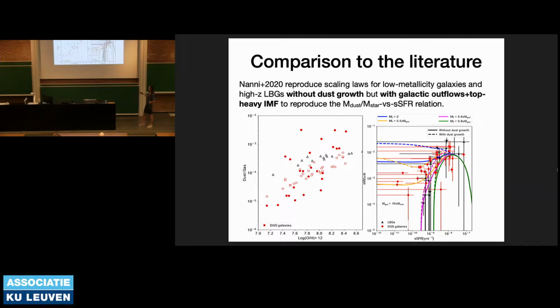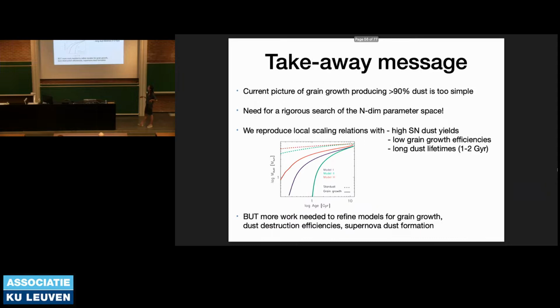But I should mention that in this study, they didn't do a rigorous search of parameter space, and it was more, let's say, fitting by eye. But I think this shows that there's not a general conclusion yet within the community, and that different people using somewhat different model assumptions get very different results.